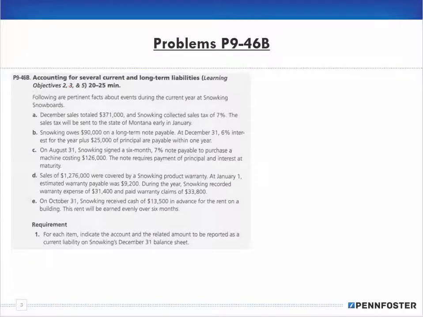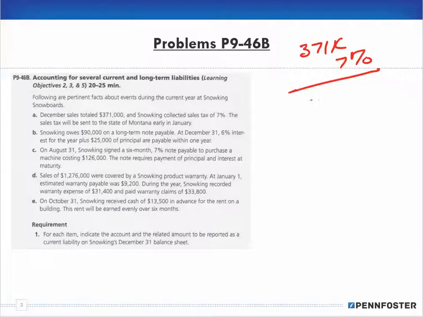So it says here, A, December sales totaled $371,000 and Snow King collected sales tax of 7%. The sales tax will be sent to the state of Montana early in January. So we have 371,000 in sales at 7%.